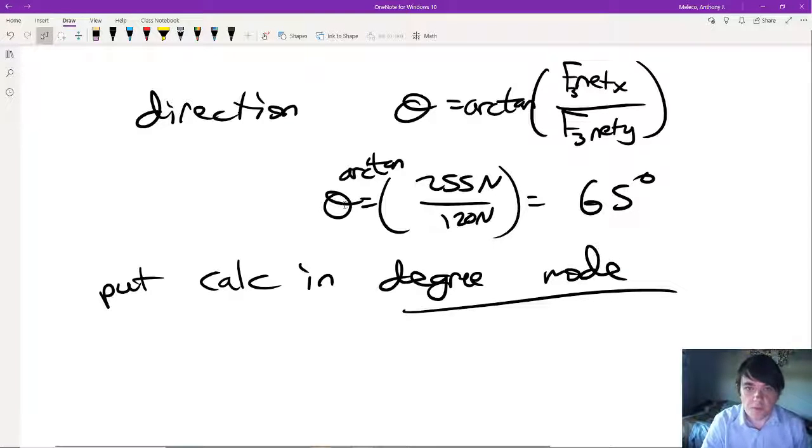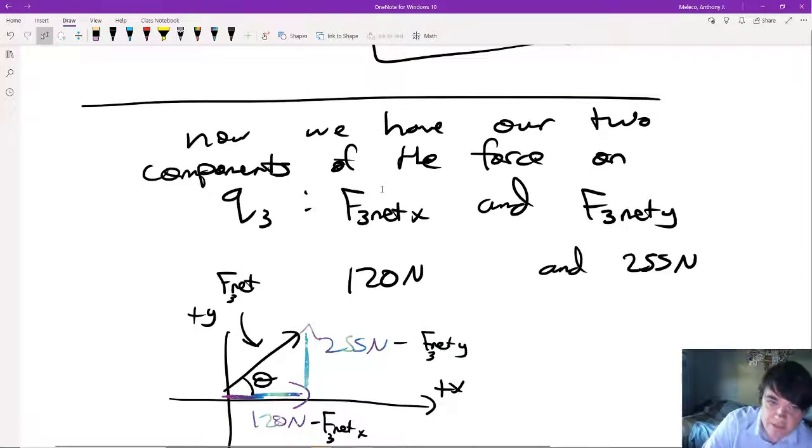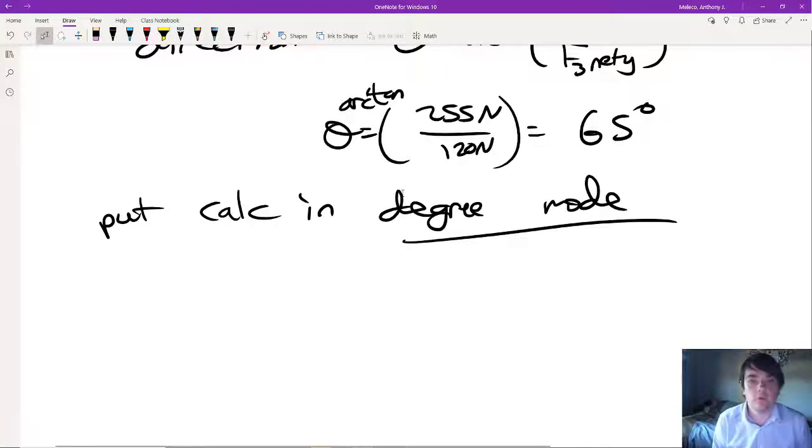So these types of problems, you probably started noticing it's all about vectors.